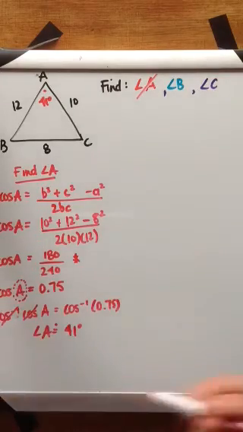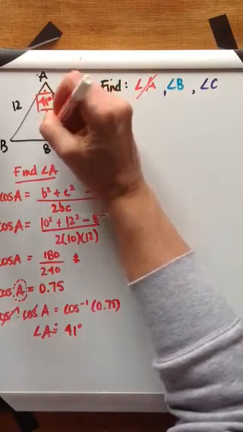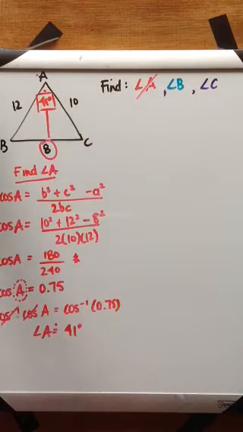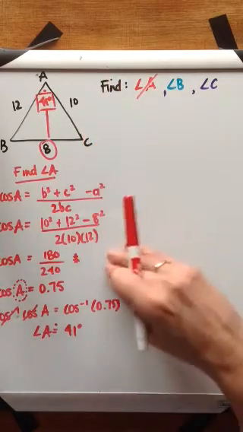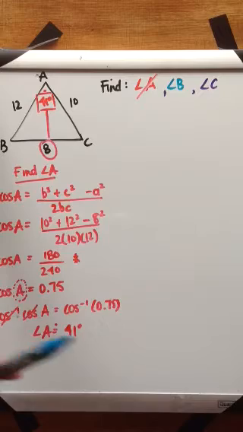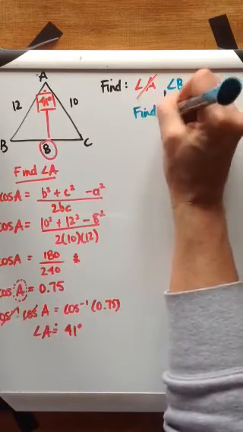So what I can recognize now at this point in the problem is that I have an angle and its opposite side pairing. Well, that's a condition for sine law, and sine law is a little bit shorter than cosine law. So it's not uncommon when you're using cosine law to solve for a triangle that you end up using sine law with it. So let's find angle B.